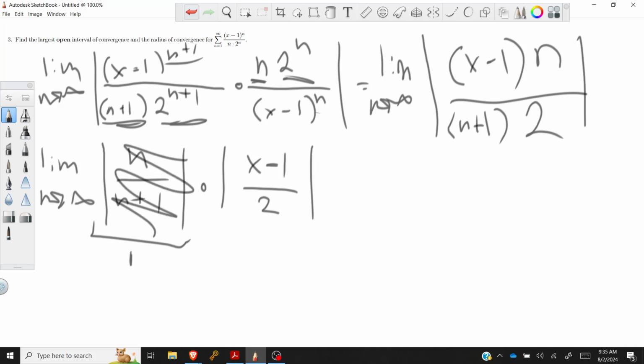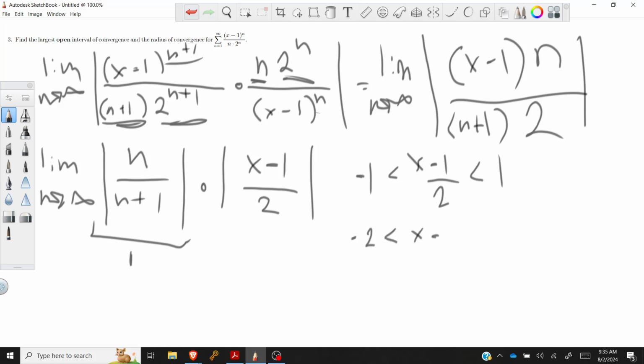So we can pretty much ignore this, right? It's just equal to 1. But now we need to set up our inequality with x minus 1 over 2. So let's multiply both sides by 2. And then let's add the 1 to solve for x. We have -1 less than x less than 3.